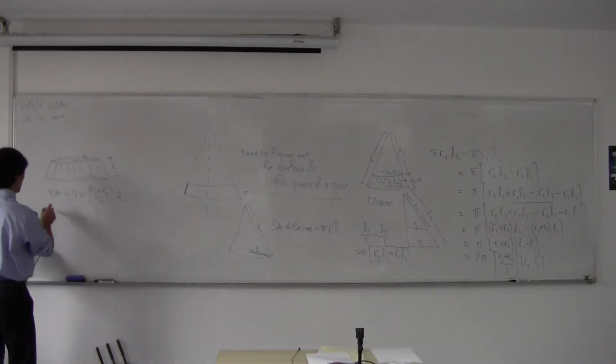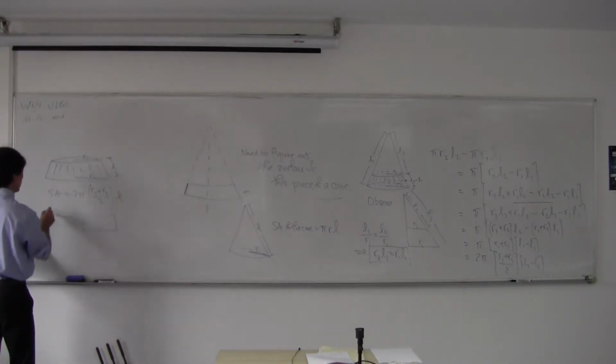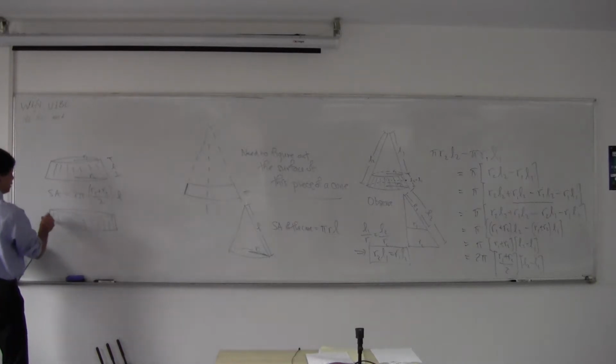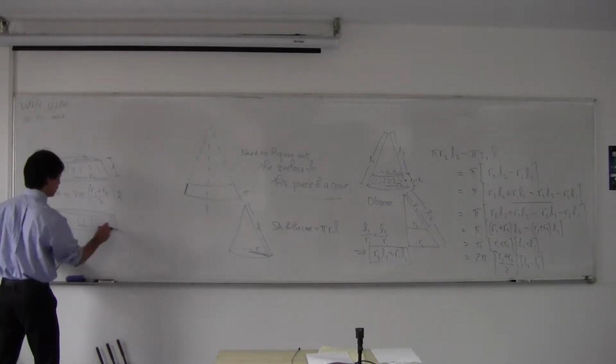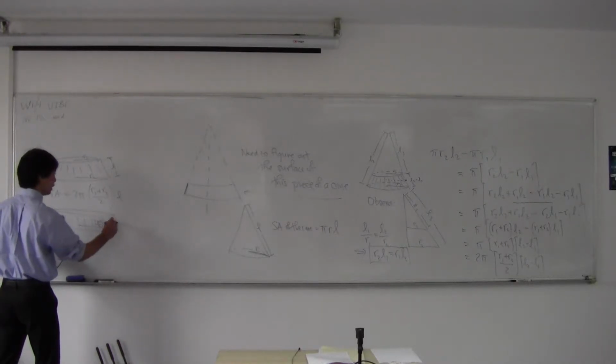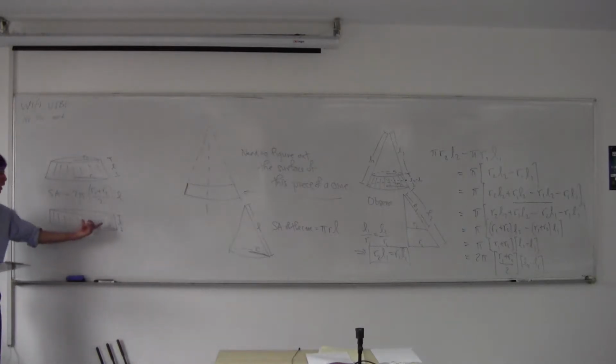In other words, it's the same as the surface area of a cylinder where the radius is R1 plus R2 over 2 and the height is L. 2 pi R times L is the surface area of a cylinder.